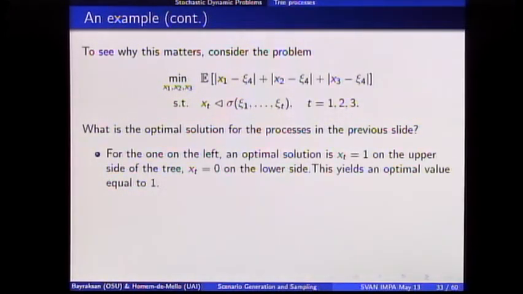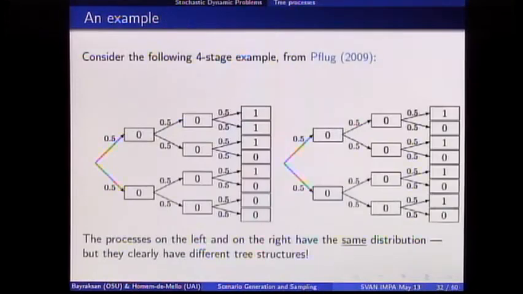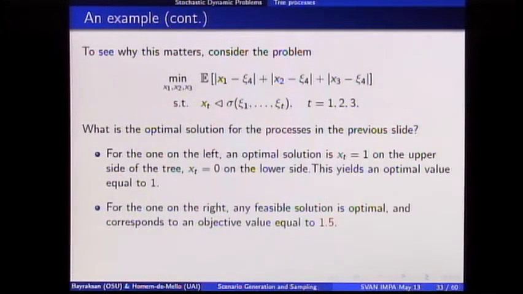I encourage you to do the calculation later, but you can see that for the one on the left, if we put 1, 1, 1, 1 here and 0, 0, 0, we saw that we can get an objective value of 1. And here, the objective value is 1.5. So what is this saying?